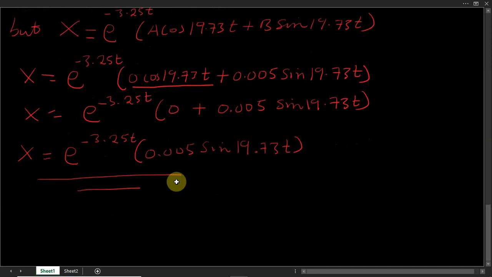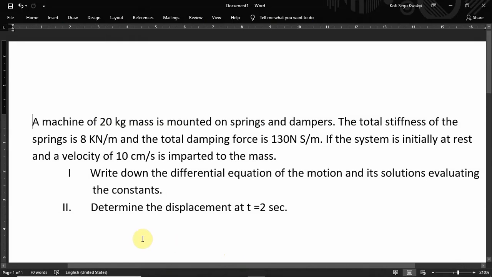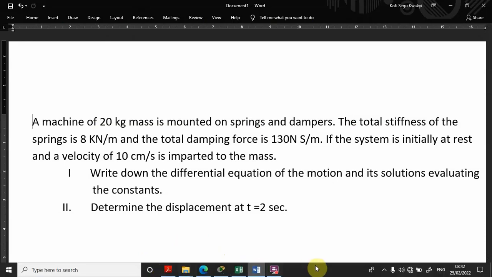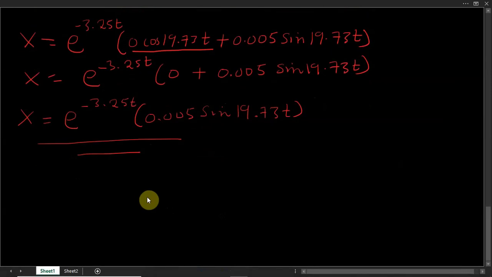Now let's look at the second question. In the second question, we have to determine the displacement when t equals 2 seconds. This is our solution, and at the same time the displacement equation.